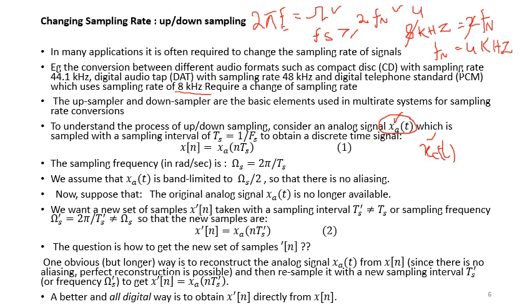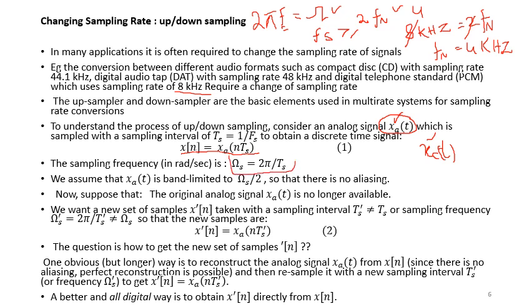So we have the sampling period, and we convert this analog signal xa(t) into the discrete one. This is the simple relation, and I hope this is clear to you because you have done this so many times. So sampling frequency equals this relationship.